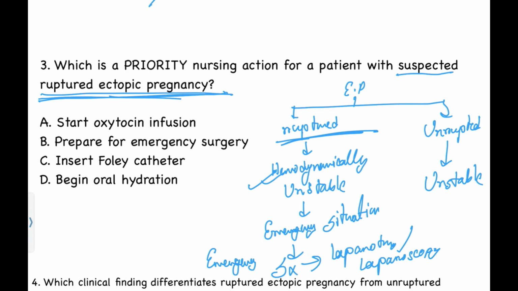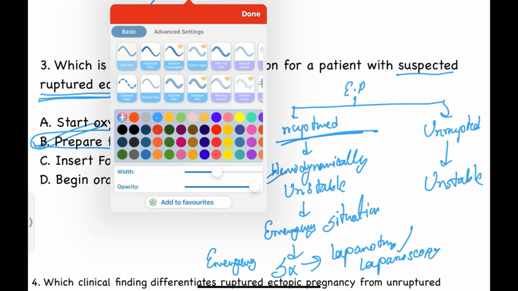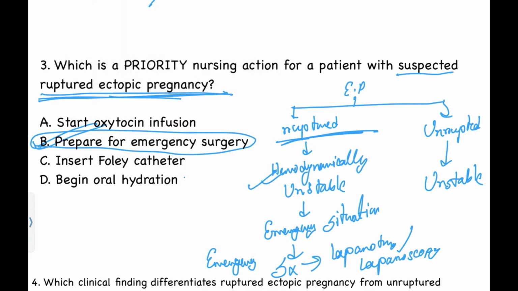So what is the management of ruptured ectopic pregnancy? Prepare the mother for the emergency, because this is a life-threatening situation. We need to save the mother's life and prevent the bleeding from where it is occurring. So for that, prepare the mother for the emergency situation.